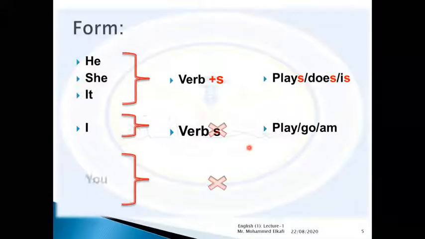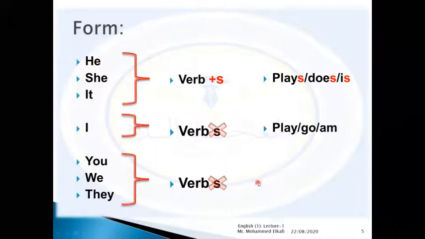For you, we, and they, we also use the verb without S. So here we use the verb without S with I and you and we and they. So we can say for this form, you play, we play, and they play. Or even you do, we do, and they do. Or even you are, we are, and they are.